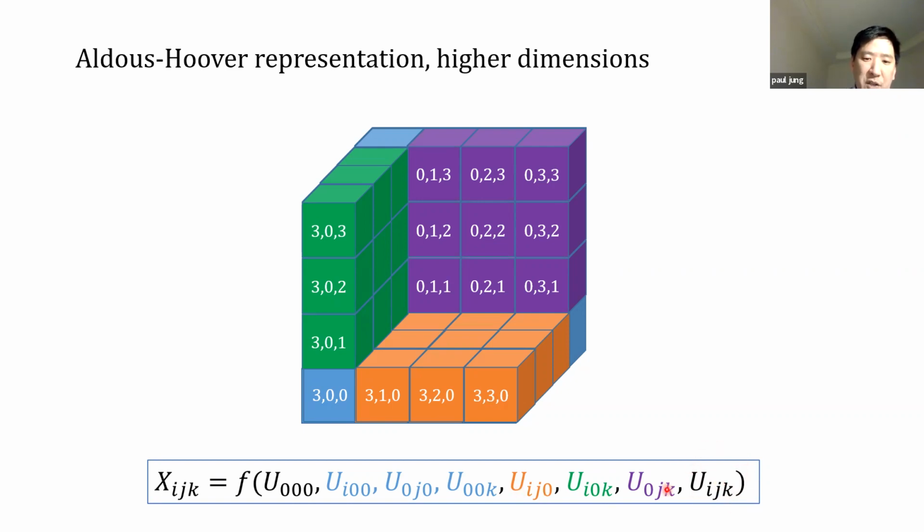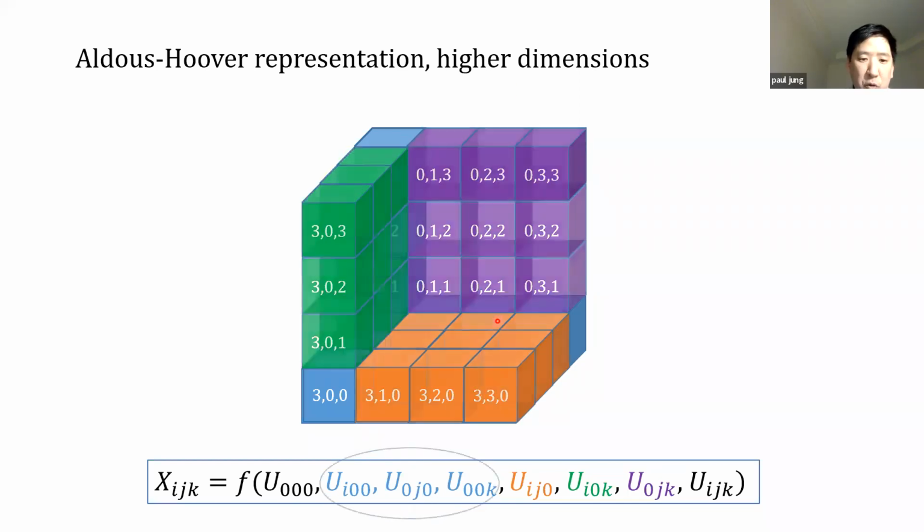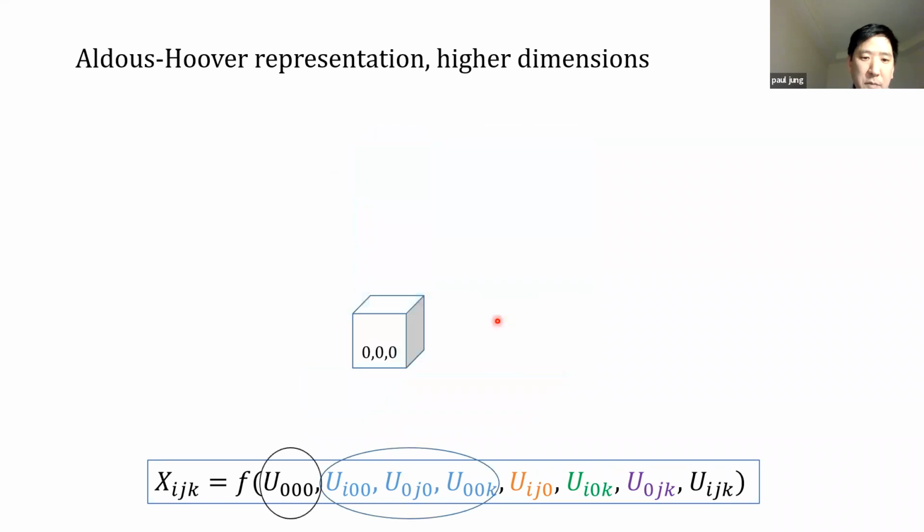That's essentially what we had from before. In addition to that, we actually have random variables that control each slab. This random variable will control a two-dimensional slab like this, and this random variable will control a two-dimensional slab like this, and so on. And then finally, we have one single random variable at the very bottom in the corner that controls all the random variables here. Now we can see how it would extend to higher dimensions.